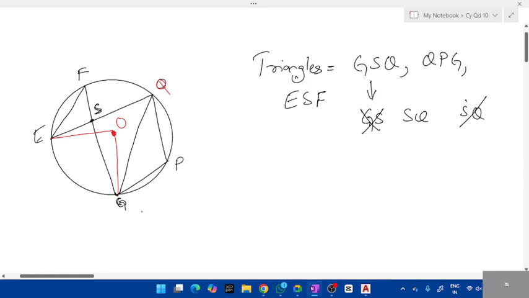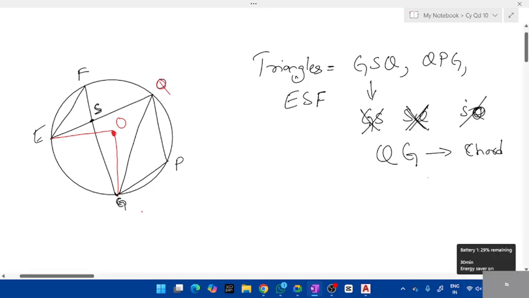GS. No, right? What about SQ? Do we call it a chord? Chord or radius, SQ? No. What about QG? What is QG? From one point to another point on the circle is called a chord. So a triangle can be made up of three chords, or it may have only one chord. You should always figure out the sides. The number of sides will be three.